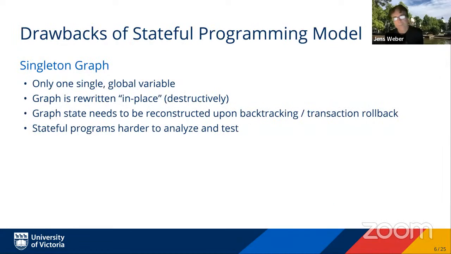So the drawbacks of this stateful programming model, where you have just one global variable, the graph as a singleton, is that you need to reconstruct the graph state upon backtracking and upon transaction rollback. And in general, that is the same for any stateful side-effectful programming when compared to functional programming: these programs are harder to analyze and test.